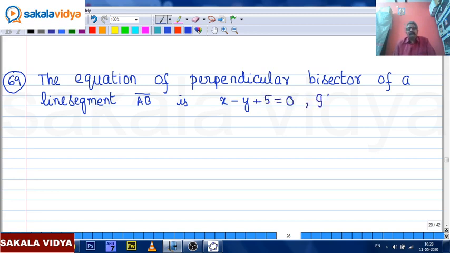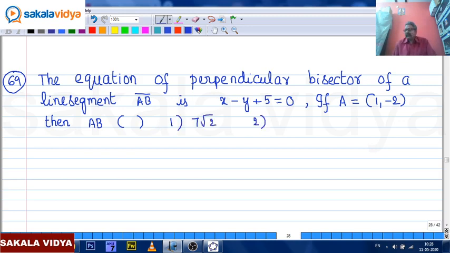If A equals 1 comma minus 2, then AB means the length of line segment AB. That means first option is 7 root 2, second option is 6 root 2, third option is 8 root 2, fourth option is 9.